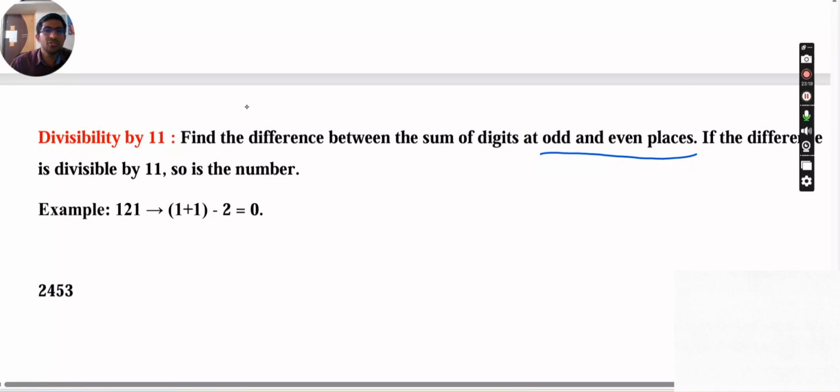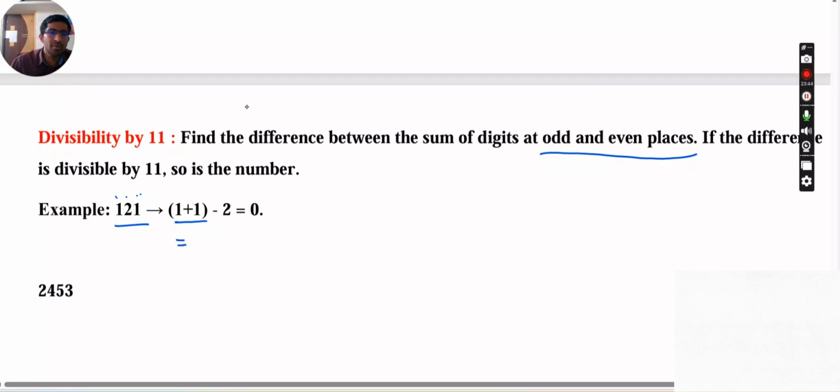We will understand this through an example. The example is 121. Alternate places means the ones place, tens place, hundreds place. We check the digits at the alternate places, that is 1 and 1. So here we have added 1 plus 1. At the even place, 2 is present. So we are subtracting this 2 from this addition.